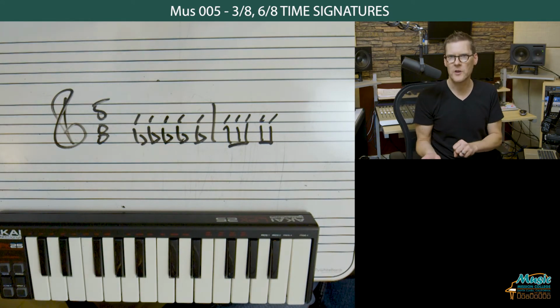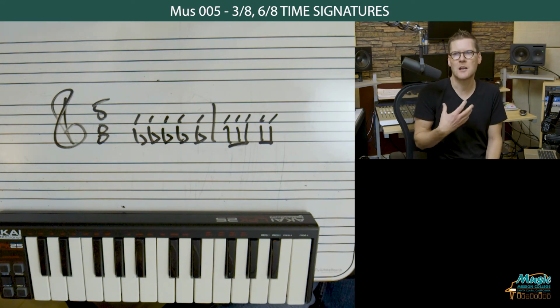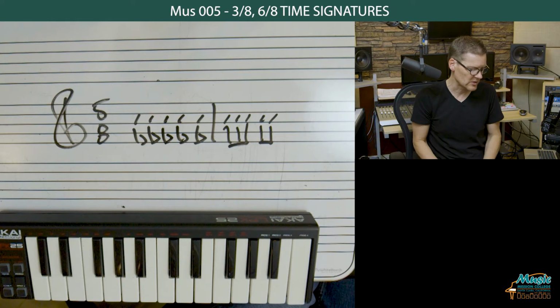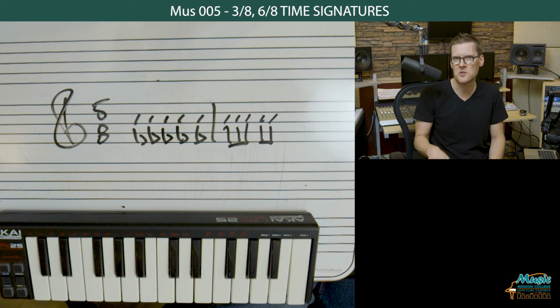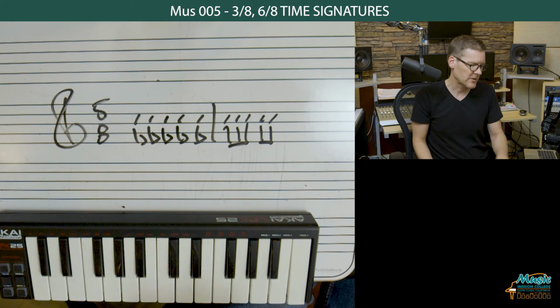So you have a group of 3 and a group of 2, and the music kind of moves with that feeling of 3 and 2. 1, 2, 3, 4, 5, 1, 2, 3, 4, 5, 1, 2, 3, 4, 5. Or it could be 2 and 3, whatever. So this stuff can be kind of fun.